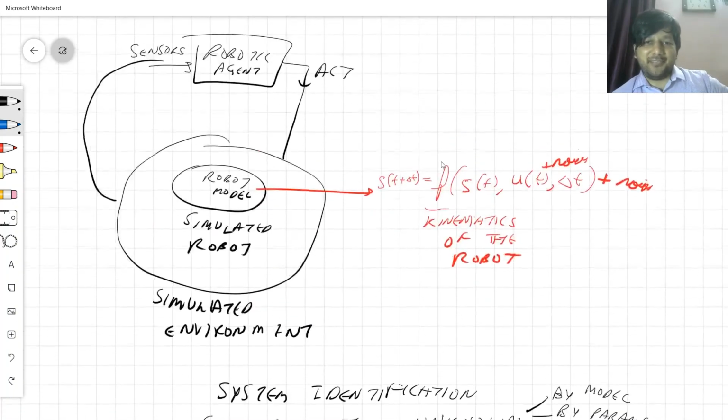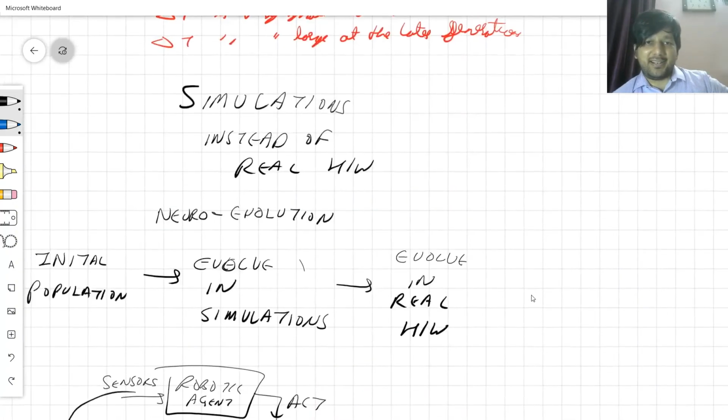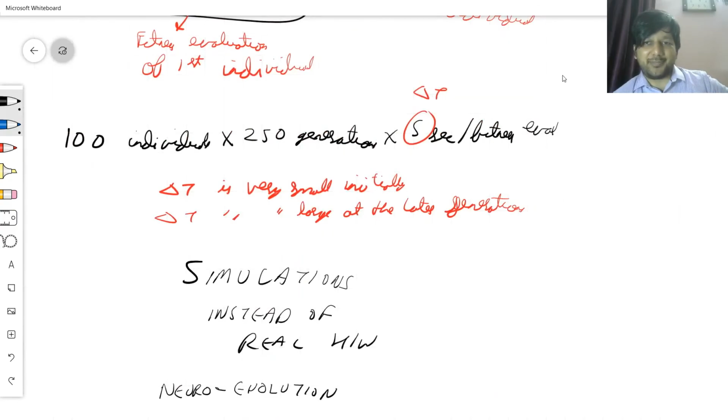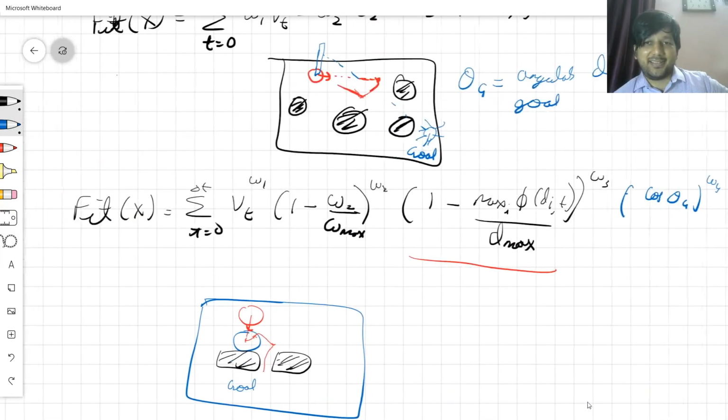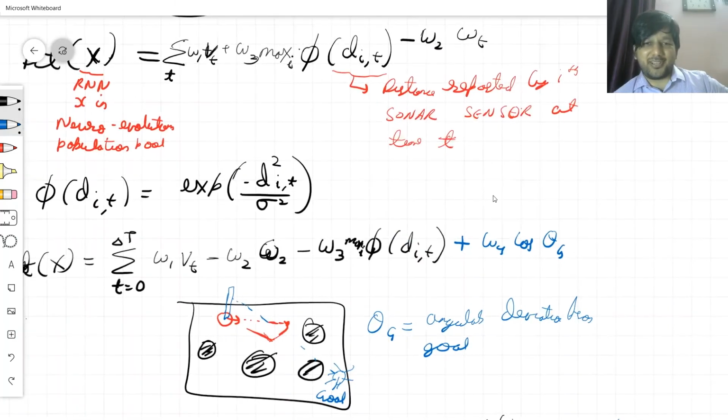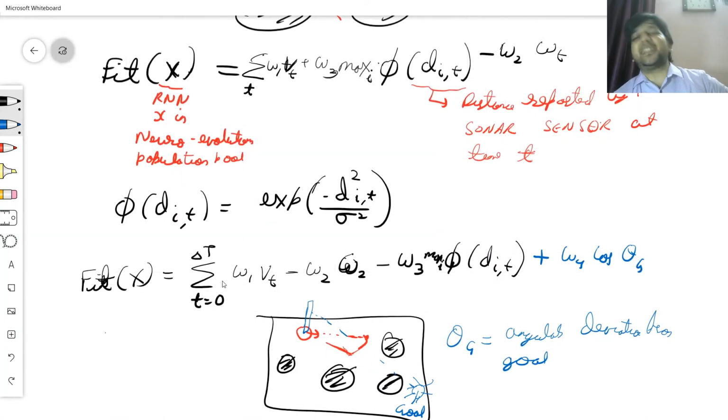So previously we used a fitness function, let me see if I can quickly locate it. Yeah, it's right here. So we use this fitness function. But then what are W1, W2, W3 and W4? Of course you'll use trial and error, but imagine every time you change W1, that entire big neural evolution is happening.